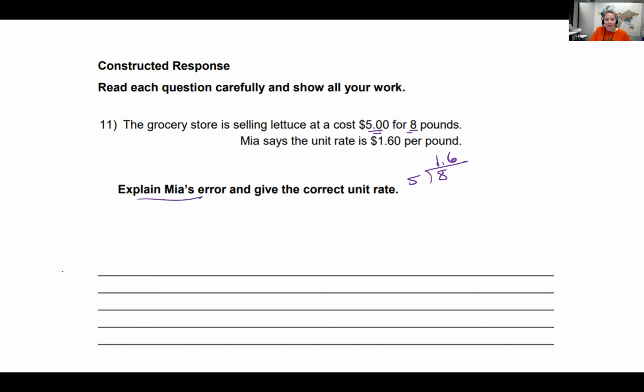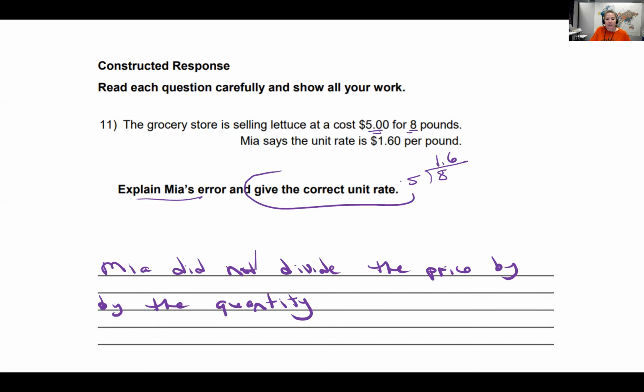So Mia's error is Mia did not divide the price by the quantity. And then it tells us to give the correct unit rate.